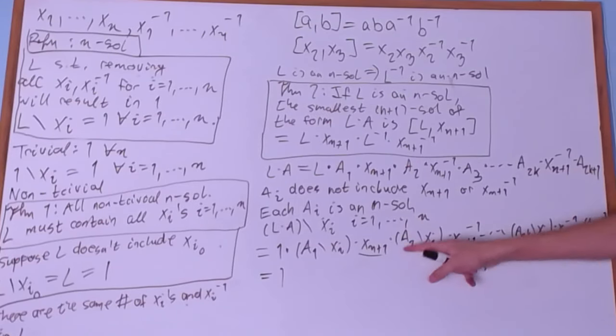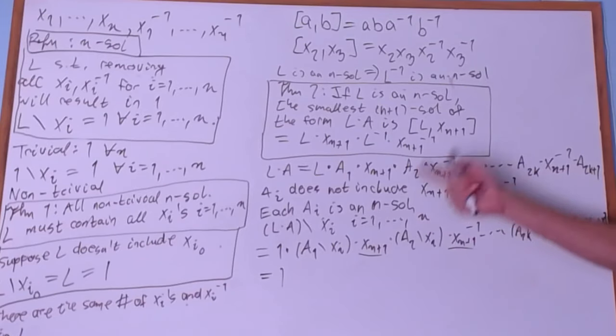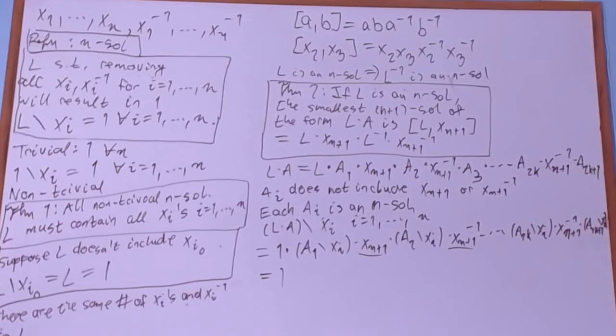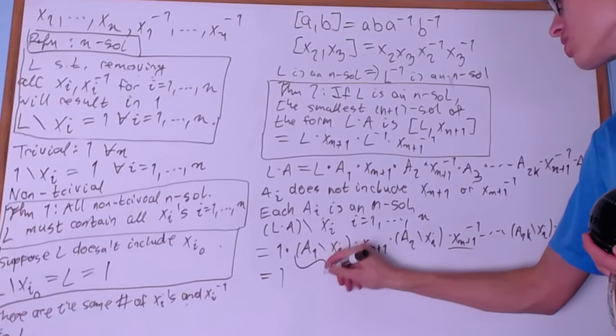And note that none of these include xn plus 1 or xn plus 1 inverse, so they could not possibly cancel out with one of these, or some trick to be done where these could make these cancel out, because it's formal sums in a specific order. You have to keep it in this order. There's no commutativity. So what you require is that every single one of these goes to 1.